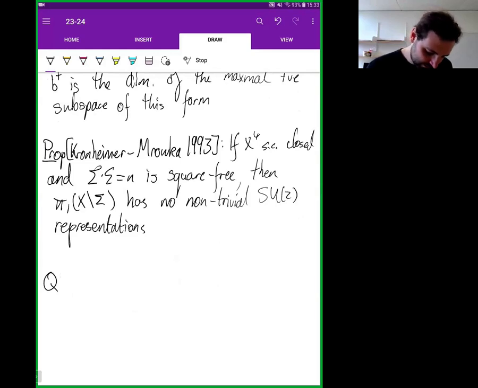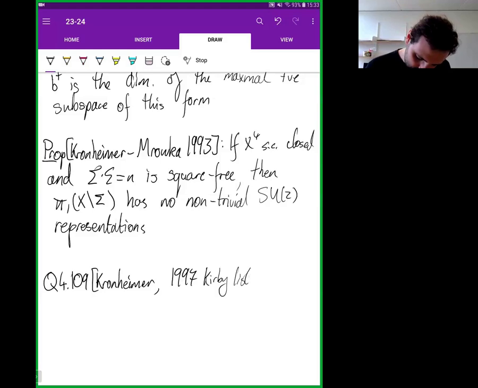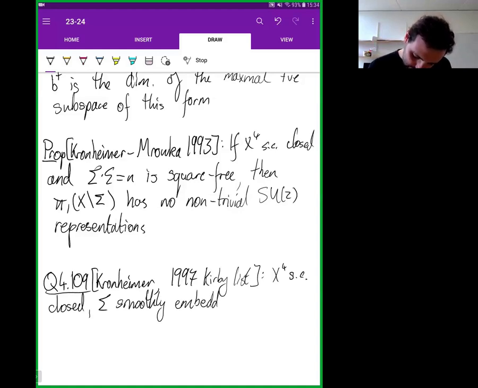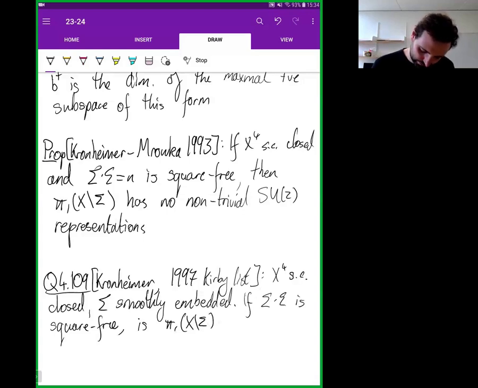So then a couple of years later, in the 1997 Kirby problem list, Kronheimer asks, so you have X as above, X^4 simply connected and closed, sigma smoothly embedded, and if the self-intersection number of sigma is square free, is pi_1 of the complement ever non-trivial, or is it always trivial?